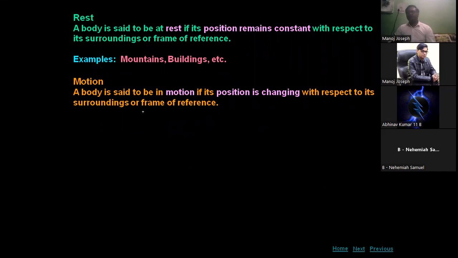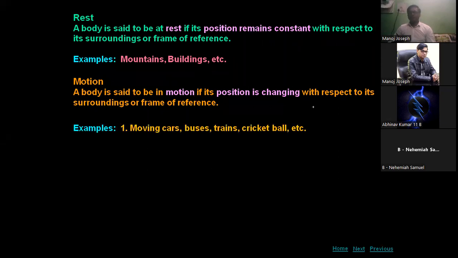Here the position is changing with respect to its surrounding or the frame of reference. Frame of reference contains both the position and the time. Or we can define motion as the change in the position with respect to time, with respect to the surrounding.